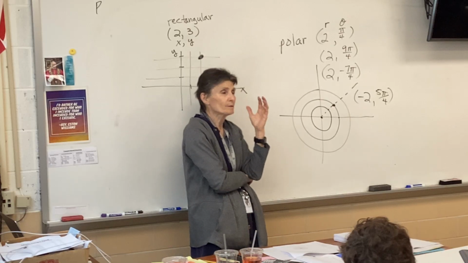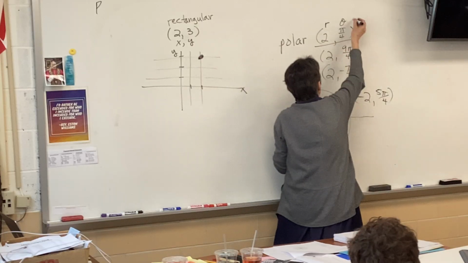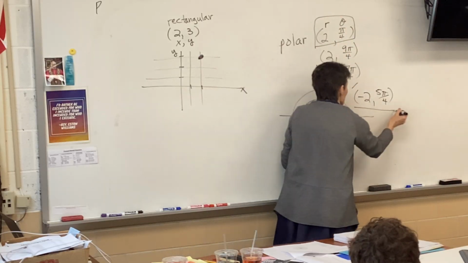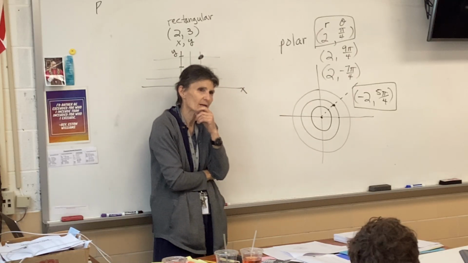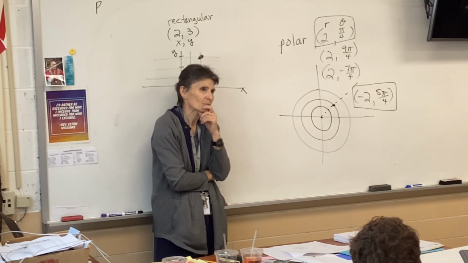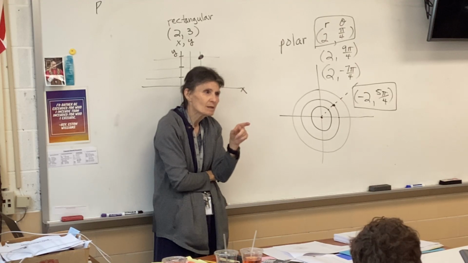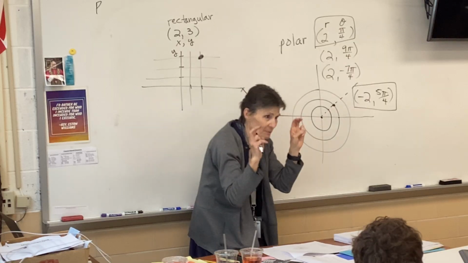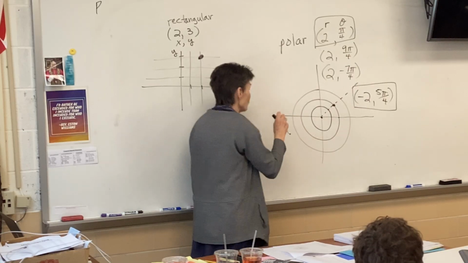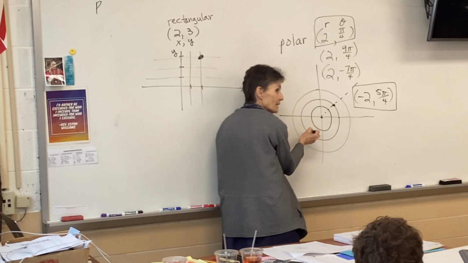Now, what in the world does that mean? This was the original point, and I'm telling you, this is another way to name it. Does anybody see what's going on there? So that negative is really like the opposite. If we are at 5 pi over 4, we would be right here, right?